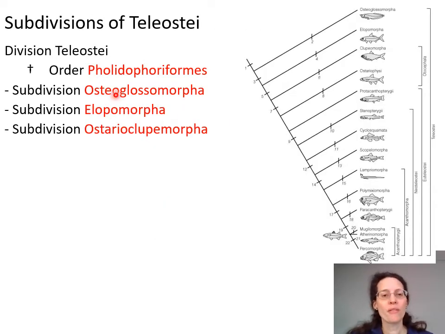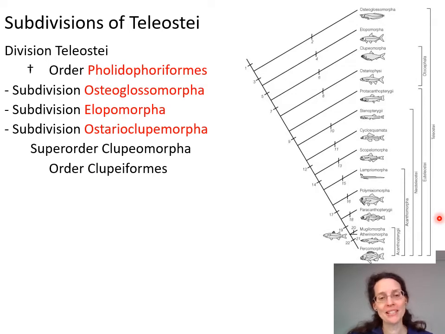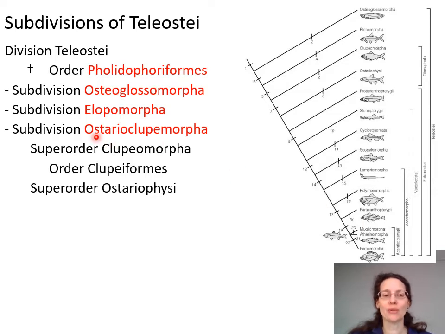And then we go from there into the astereoclupiomorpha, right? So the red ones are the ones we've already talked about, kind of our major names. The astereoclupiomorphas include the suborder Clupiomorpha, which has the Clupeiformes. The Astereophysi is our other superorder within the Astereoclupiomorpha. You can see where it gets its name, right? Astereo, Clupi.